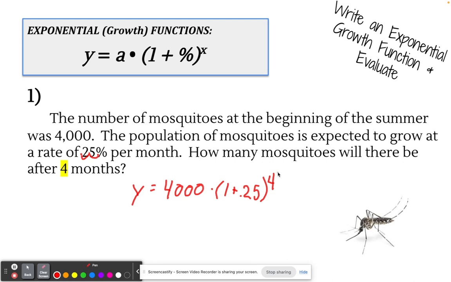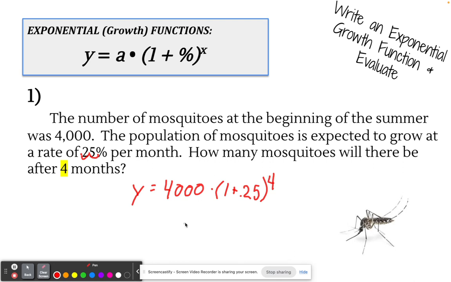Now, you will need a calculator today. I don't know if I mentioned that before, but you will want a calculator. So I add 1 plus 0.25 and I get 1.25. I raise that to the 4th power.